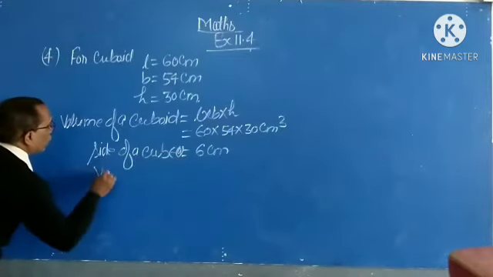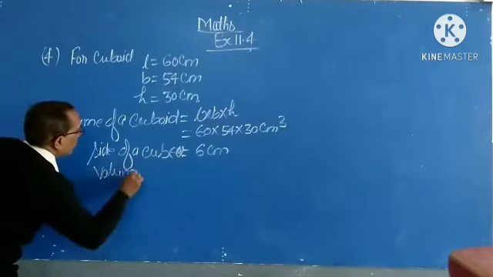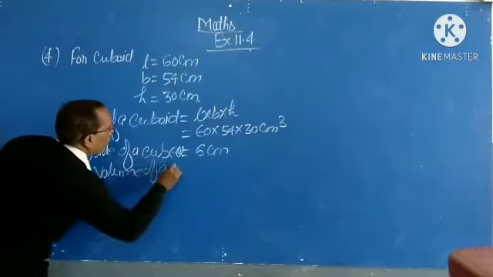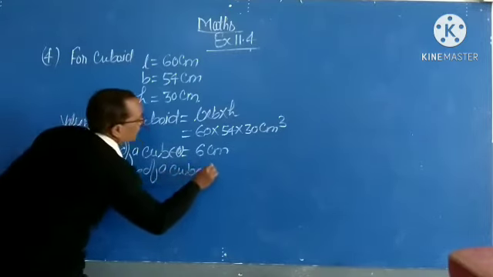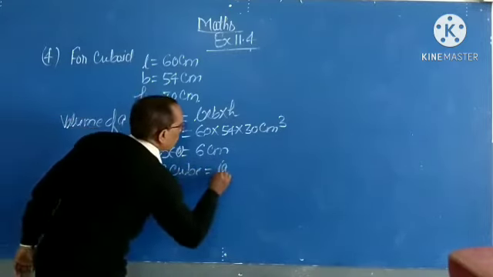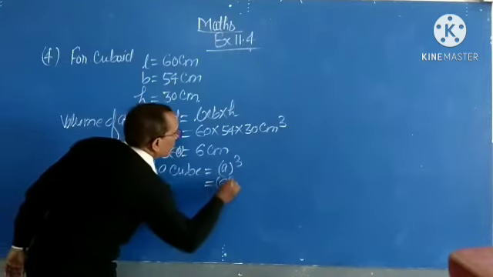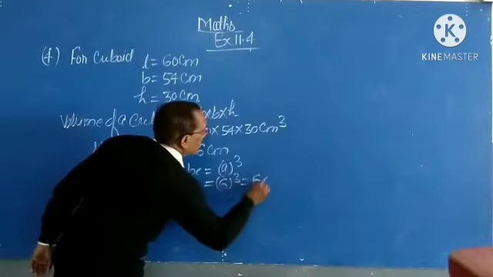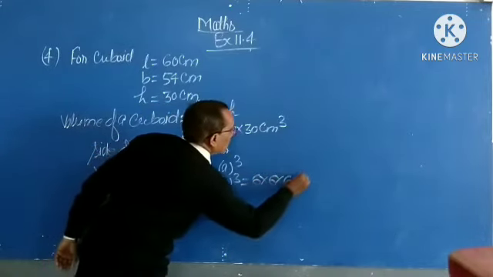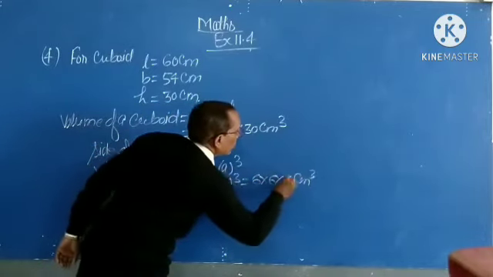Then volume of a cube is equal to side cube, means A cube. You write down 6 cube, that is 6 into 6 into 6 centimeter cube.